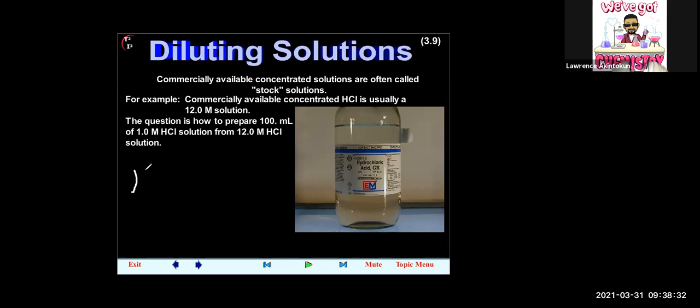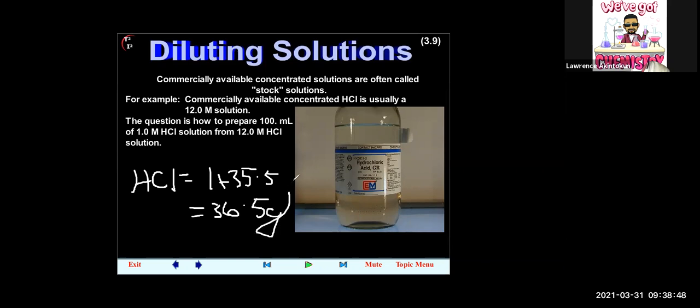HCl has molar mass of 1 plus 35.5. The total is 36.5 grams per mole. So, if you want to prepare 1 molar solution, what you do is dissolve 36.5 grams of this in 1 liter.